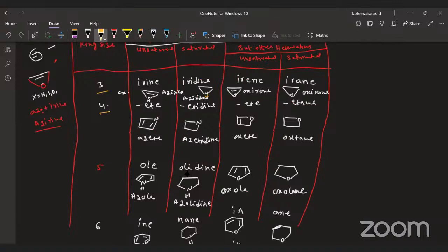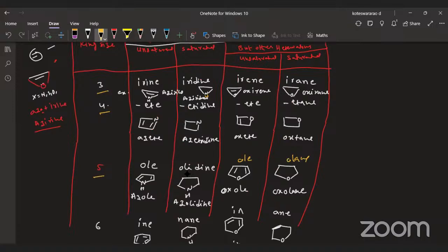These are the examples. Next, for the 5-membered ring, ole, azole, it is an unsaturated one. If it is saturated, olidine, azolidine, that is tetrahydropyrrole. Then oxole, and oxolane if it is saturated.